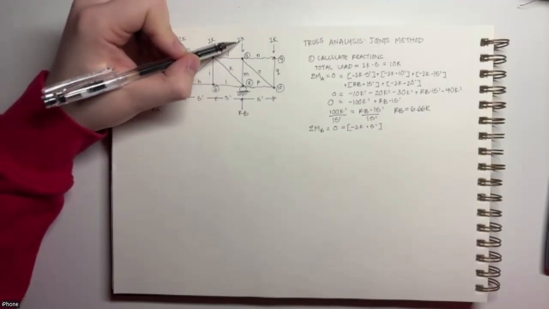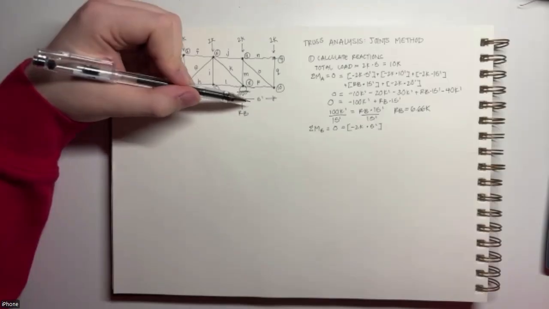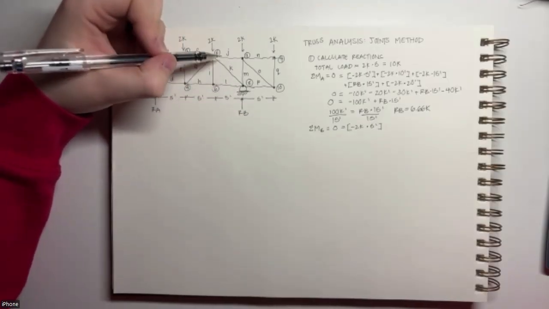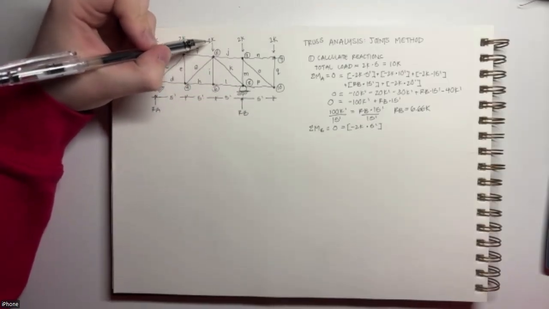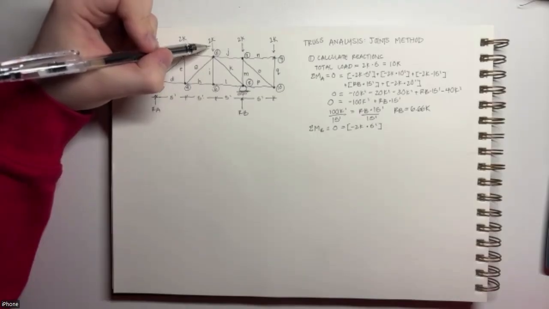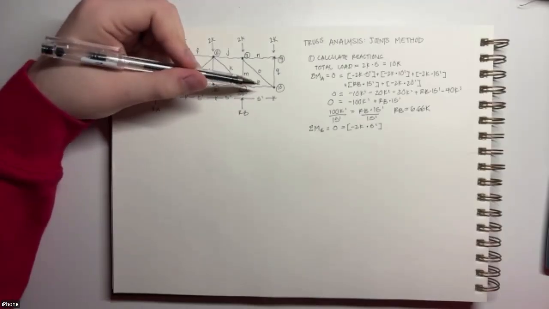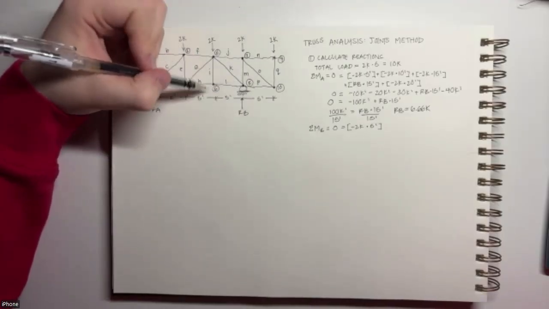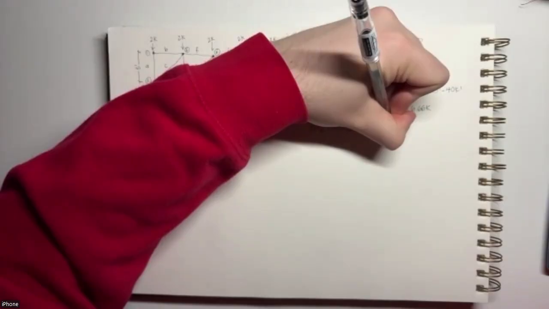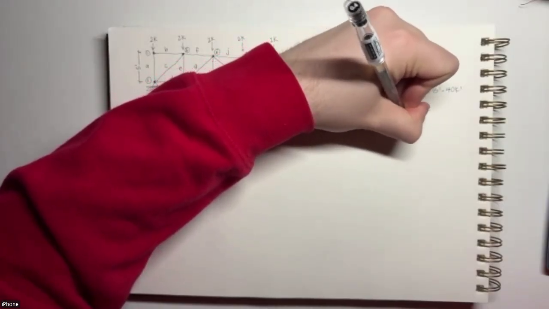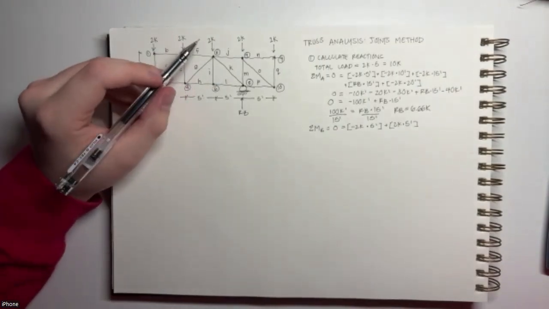So then we got this 2 kips, but it's 0 feet away from RB, so I don't have to worry about it. Next, we got 2 kips, and it's 5 feet away from RB, and it's going counterclockwise. So that's going to be a positive. So I can say plus 2 kips times 5 feet. It takes care of that one.